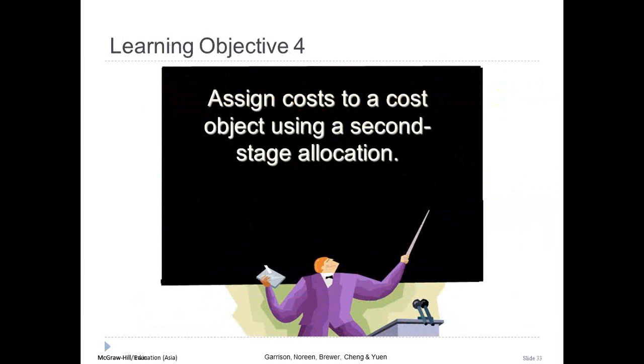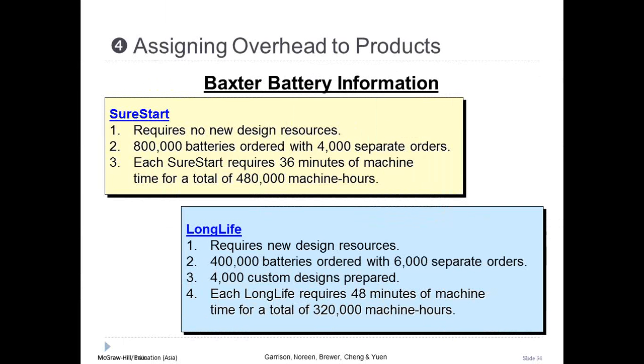So, learning objective number 4: let's assign cost to a cost object using the second stage allocation. The data needed to assign overhead costs to Baxter Battery's 2 products, Sure Start and Long Life, are shown on this chart.